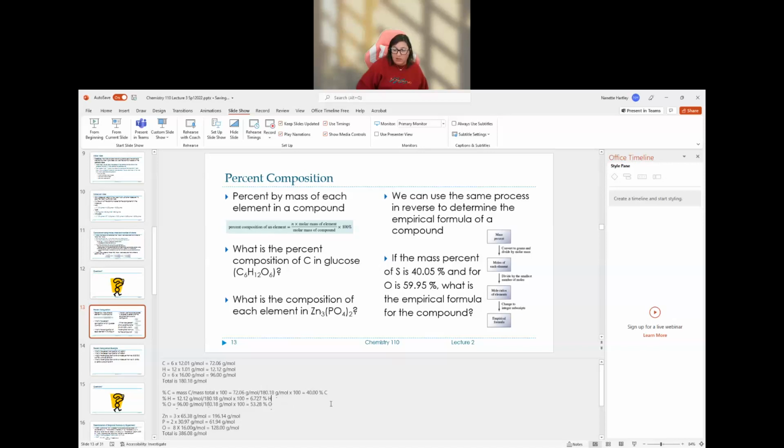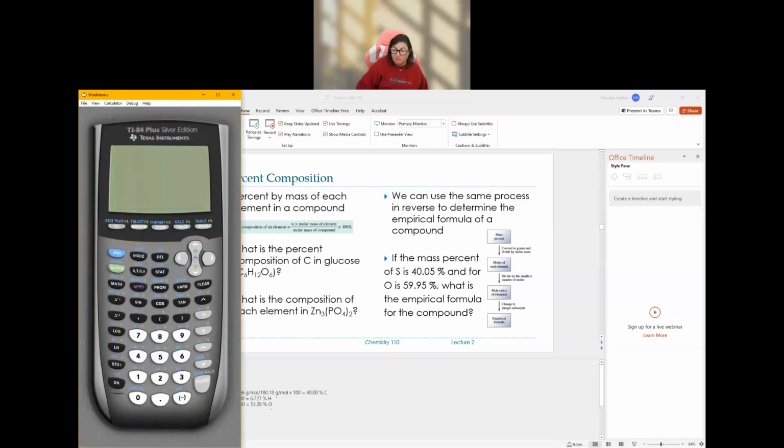53.28%. Now, if I do a math check on that, 40 plus 6.727 plus 53.28 gives me just over 100.